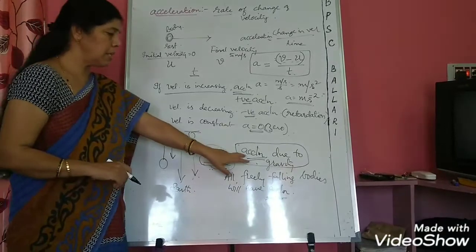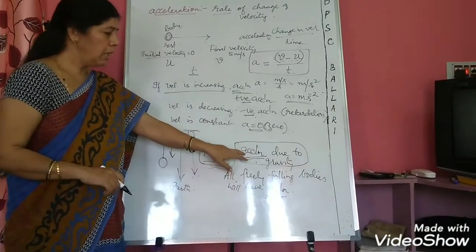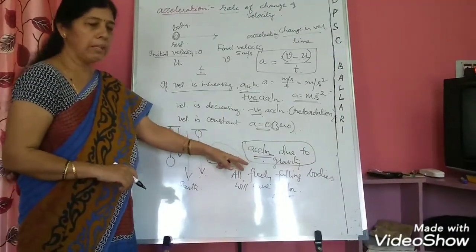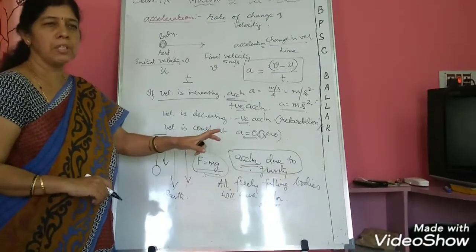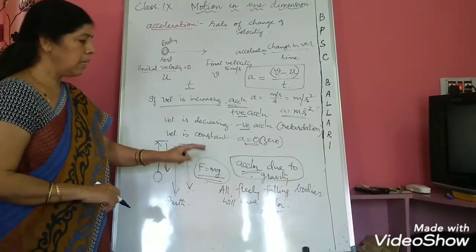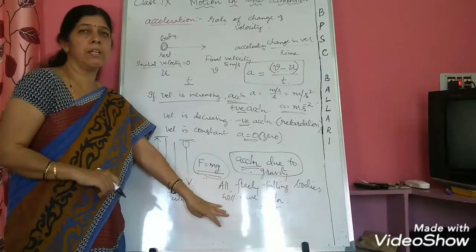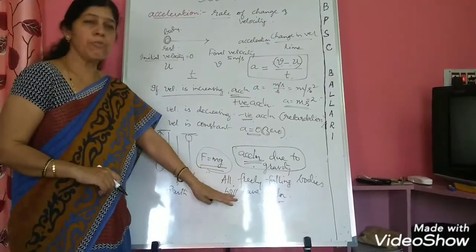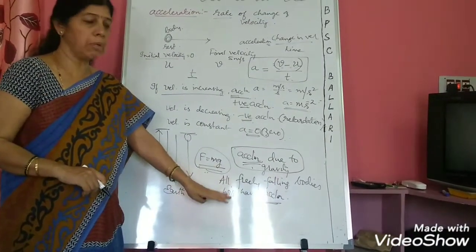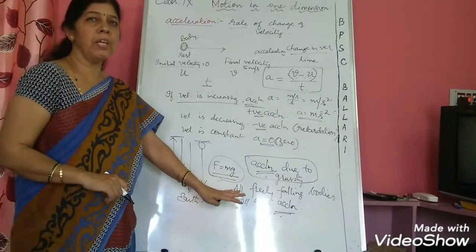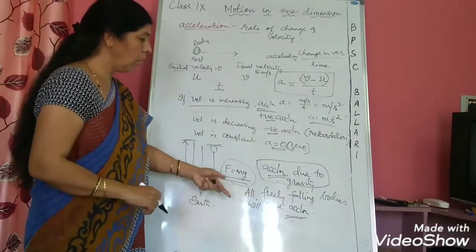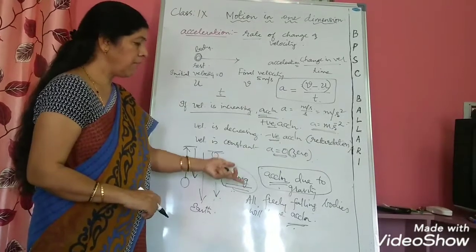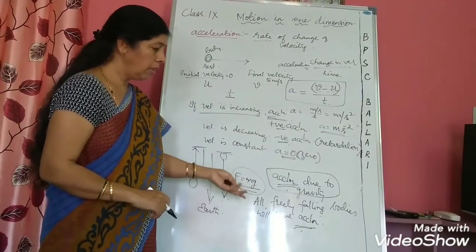Now, this acceleration due to gravity will be there at all places on the earth because earth will be exerting gravitational force. But the magnitude of acceleration due to gravity will change from place to place on the earth because of the geoid shape of the earth. So now we shall know what will be the average value of g on the earth.